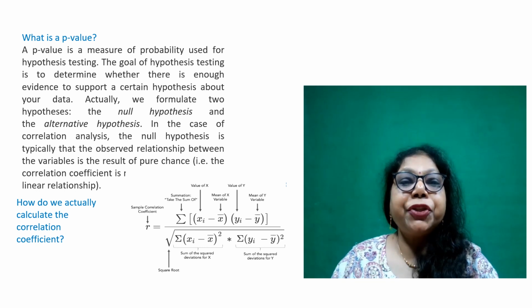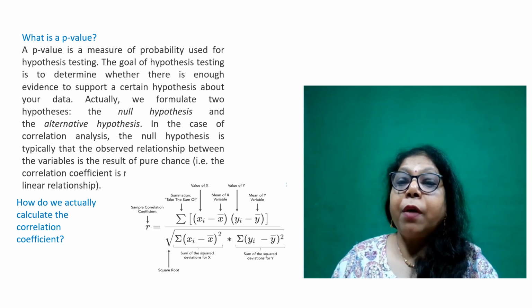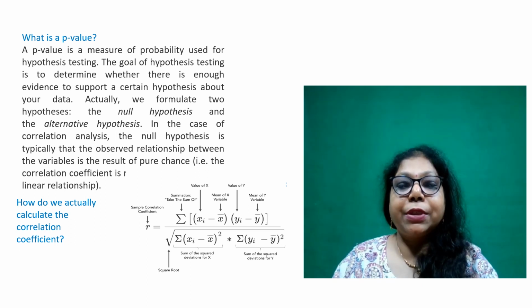A p-value is a measure of probability for hypothesis testing. The goal of hypothesis testing is to determine whether there is enough evidence to support a certain hypothesis about the data which we are referring to. So we formulate two hypotheses, the null hypothesis and the alternative hypothesis.